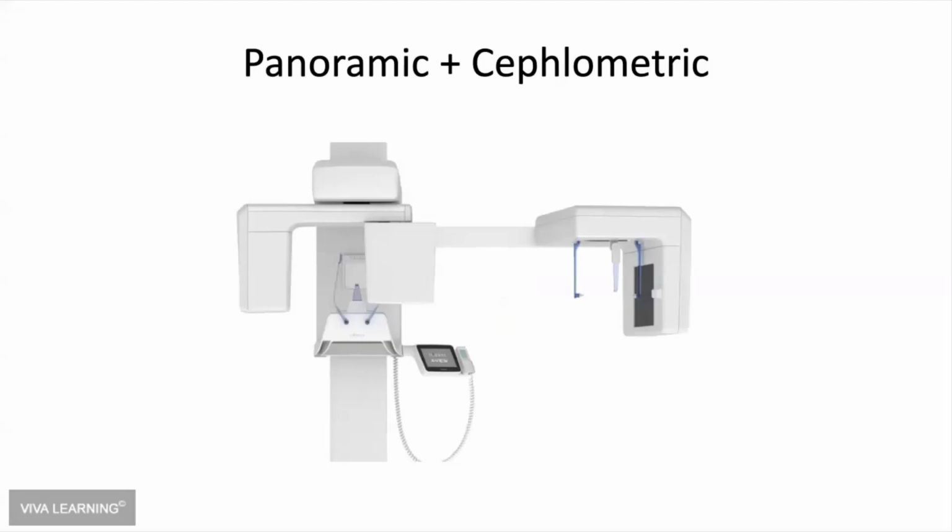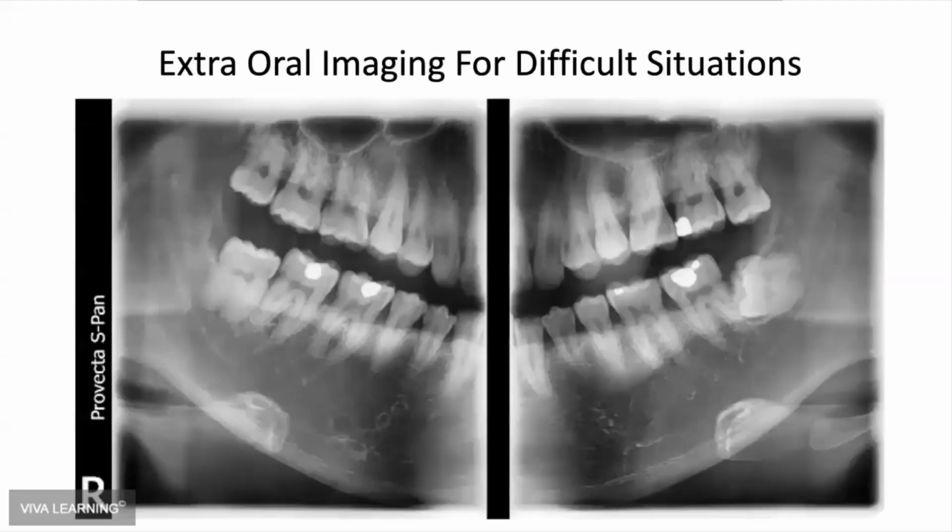And again, you've got the SEP if you need it. And again, for difficult cases, these extraoral bite wings are better than nothing. I'm not a huge fan of them, because they're not quite as diagnostic as a regular bite wing would be from a number 2 film.